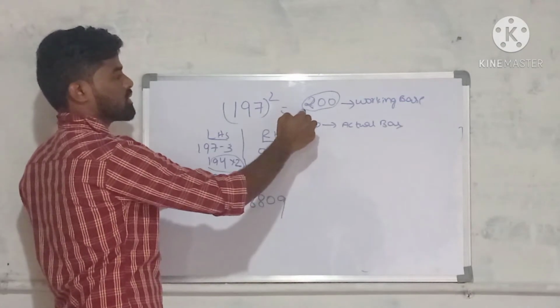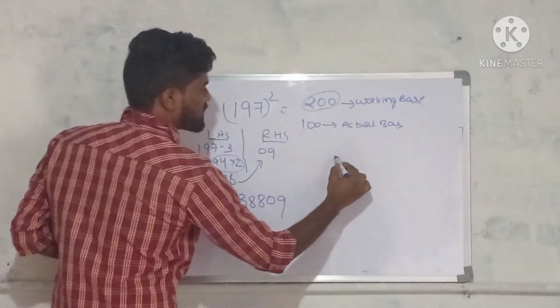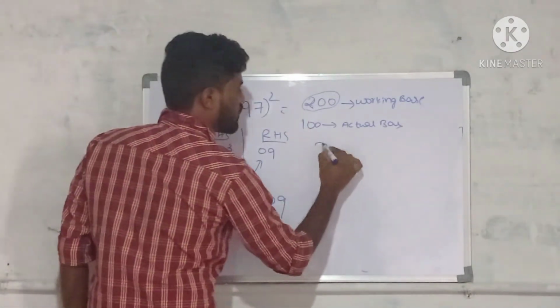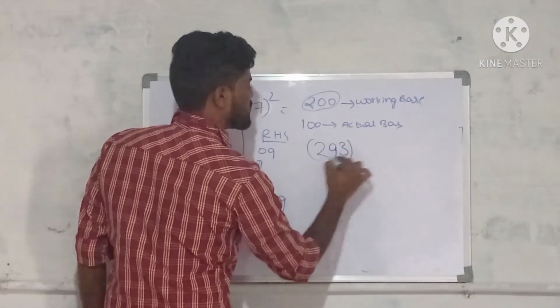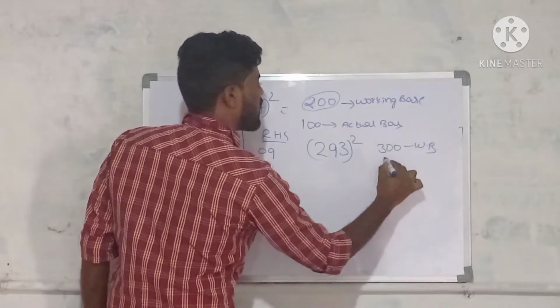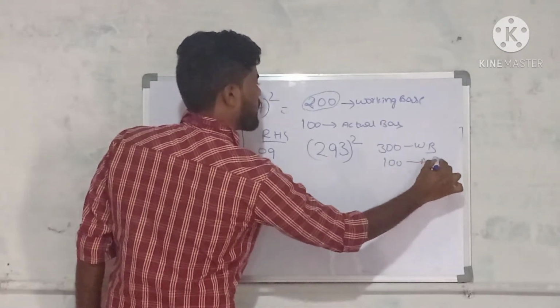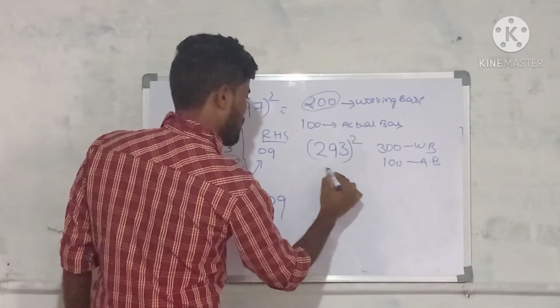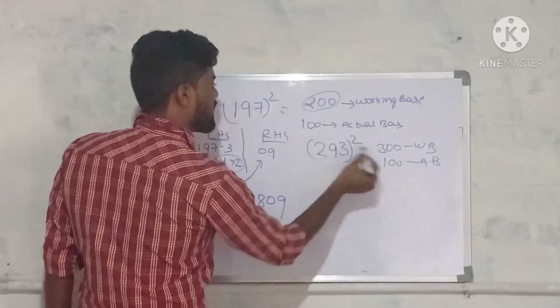working base. If we take working base as 300, suppose there is number 293 square. Here we take 300 as working base, 100 as actual base. Same concept. It is 7 less than 300.